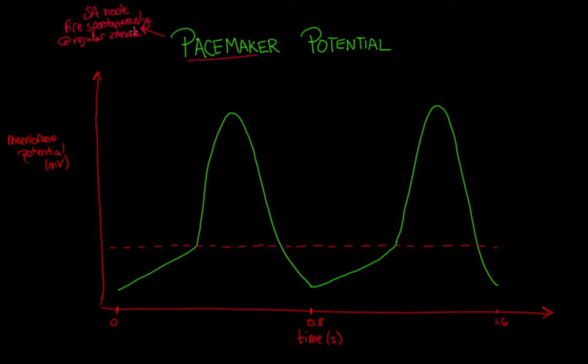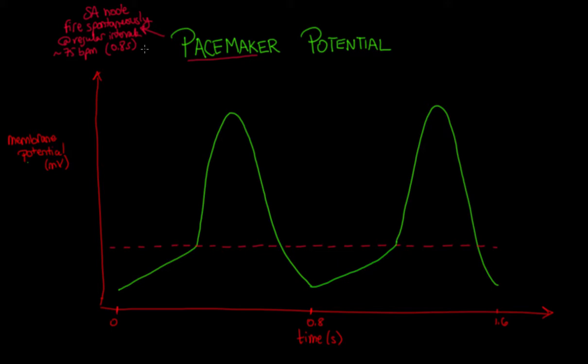Typically every 0.8 seconds, we have a new beat generated, and this is what gives you an average heart rate of 75 beats per minute, where the SA node will fire at 0.8 second intervals at rest.